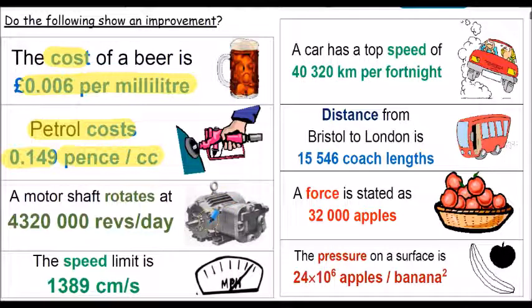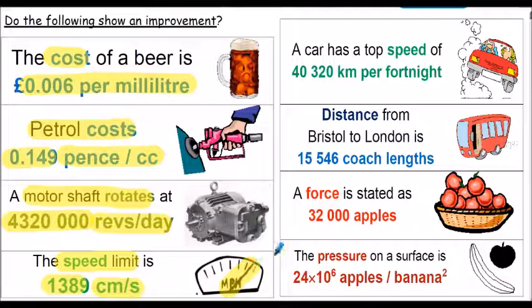Supposing we'd stated the motor shaft speed rotates at 4,320,000 revolutions per day. Would that be useful information to the customer? We're driving along in our cars or on a motorbike and the maximum speed is stated as 1,389 centimeters per second. We viewed our speedometer. Would we know if we were exceeding the speed limit or not?